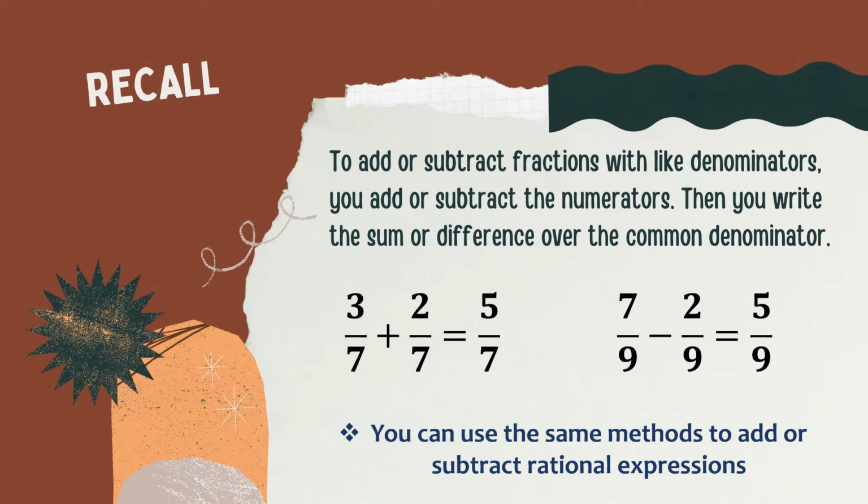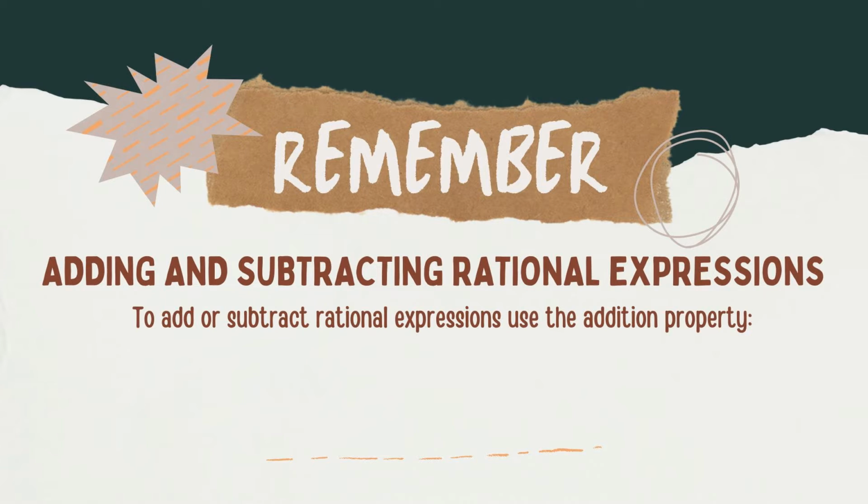So, you can use the same methods to add or subtract rational expressions. Let's remember this when adding and subtracting rational expressions. To add or subtract rational expressions, use the addition property.